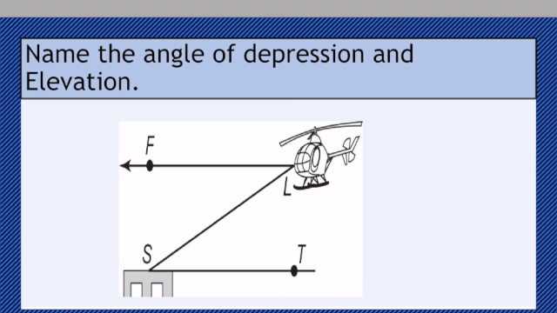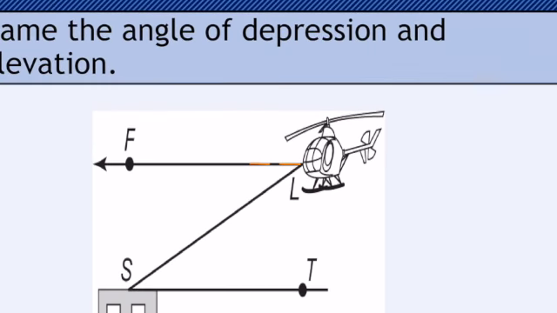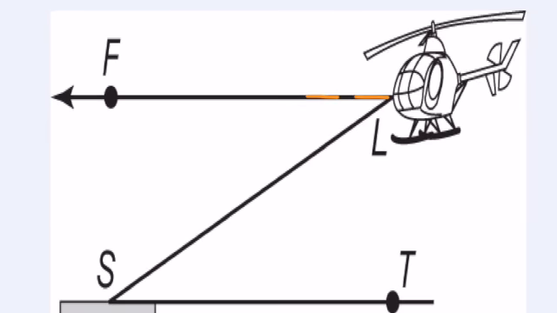I see one going from F to L. Let me zoom into this a little bit more. So here is my horizontal line. That's my HL. Now I can see an angle right below my horizontal line, going down from that line.